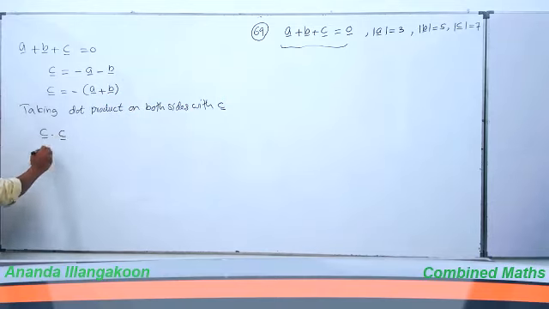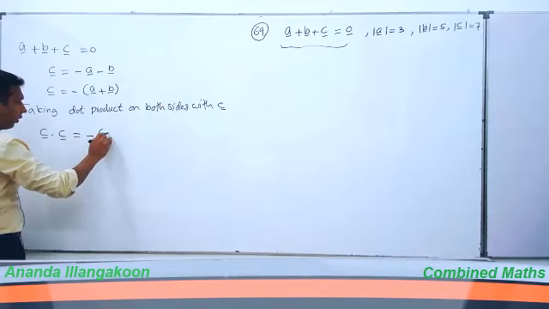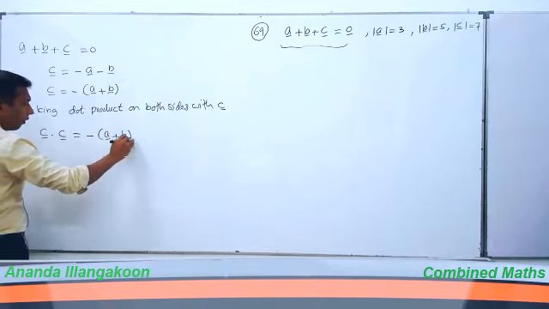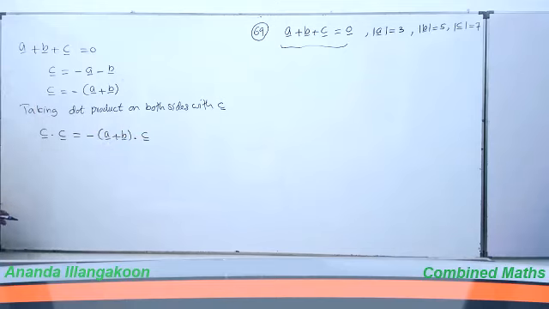C dot C on the left hand side. Right hand side, minus A plus B vector dot C. Correct, no?